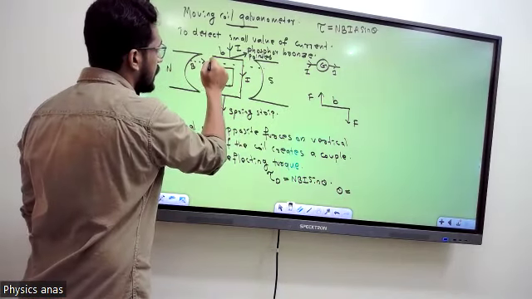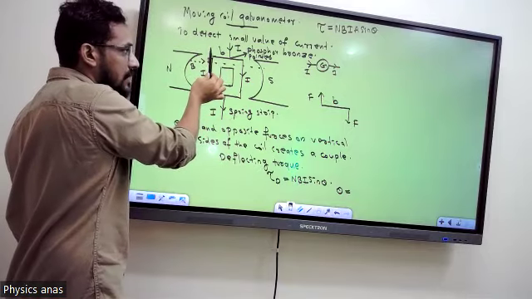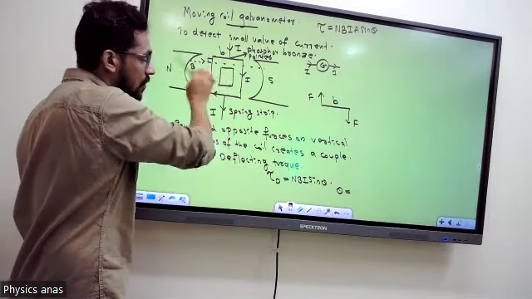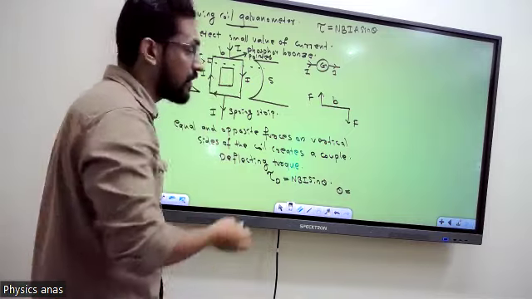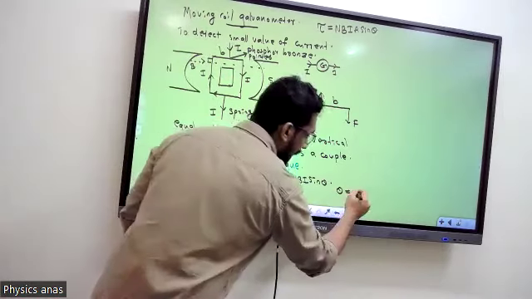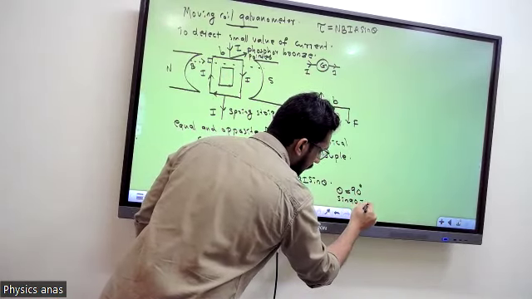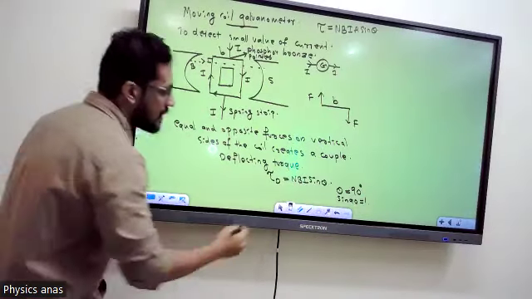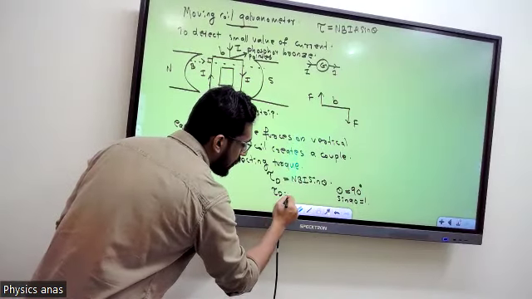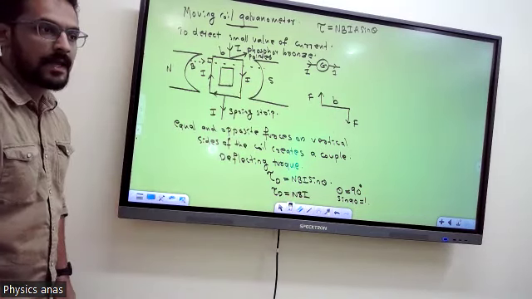Theta here is 90 degrees because the magnetic field is crossing the length at 90 degrees. So sin 90 is 1. So tau d is equal to NBIA.